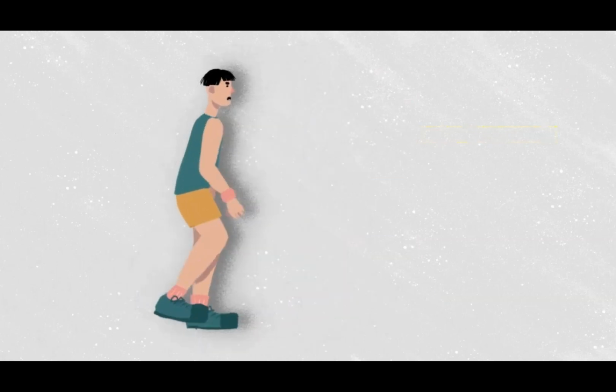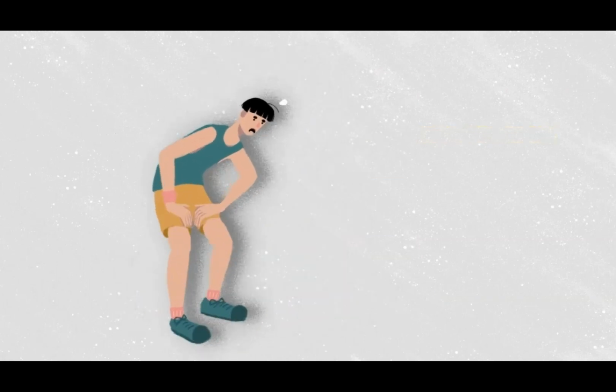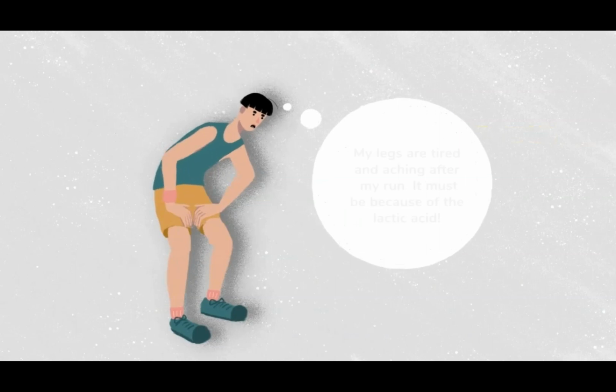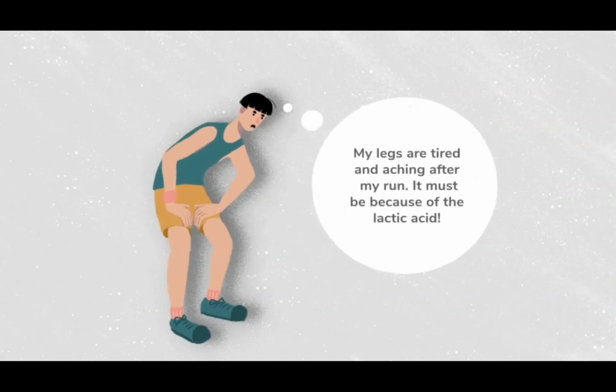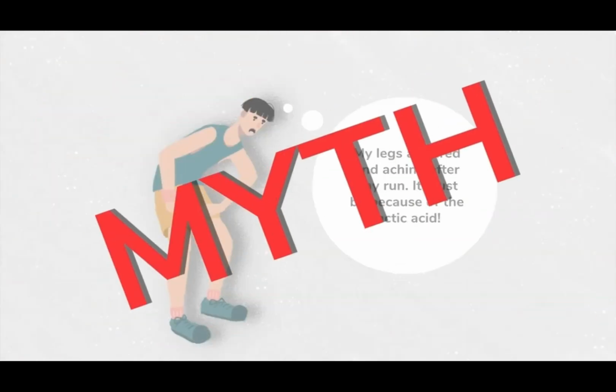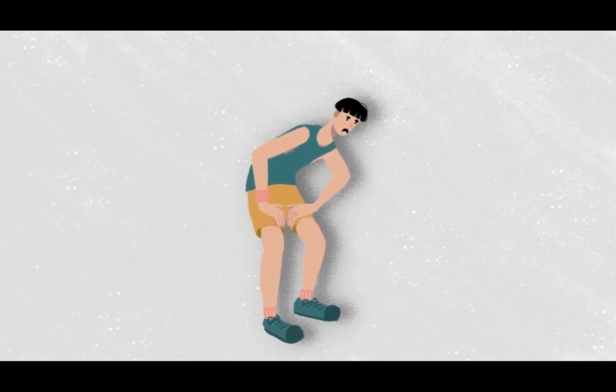In the past, it was thought that the buildup of lactic acid in the muscles causes muscle fatigue and soreness. However, research has shown that this is not caused by lactic acid. In fact, it is due to small tears in the muscle tissues that could occur during vigorous exercise.